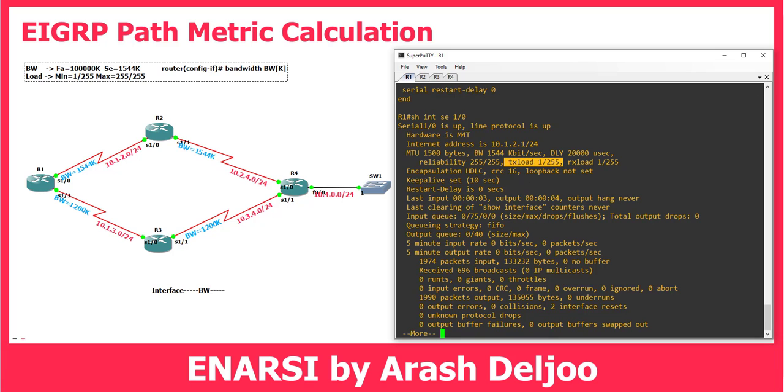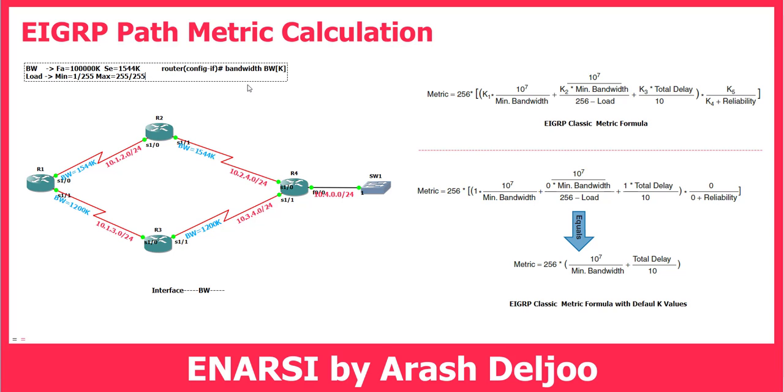TX load means transmit load. RX load means receive load. As you can see here, because we don't have any traffic, this is the minimum load that we have, 1/255, and again 1/255. We know about the load now. After that, we have another parameter in EIGRP, we call it the delay.